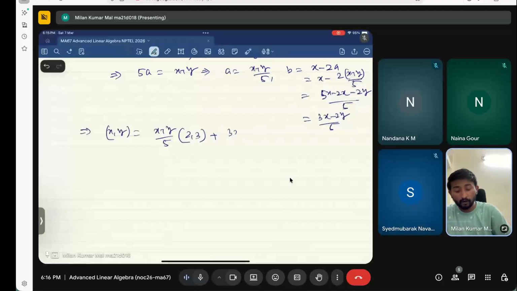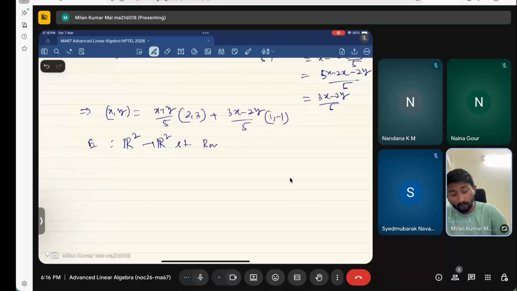So we want an operator E from R2 to R2 such that the range of E will be the span of (2, 3) and the null space of E will be the span of (1, -1).